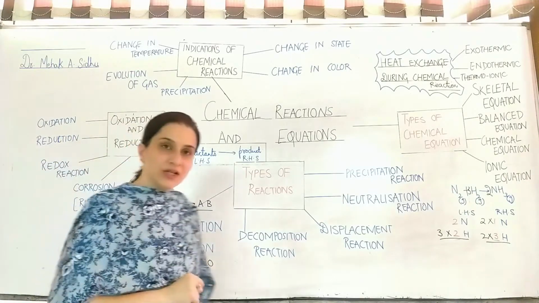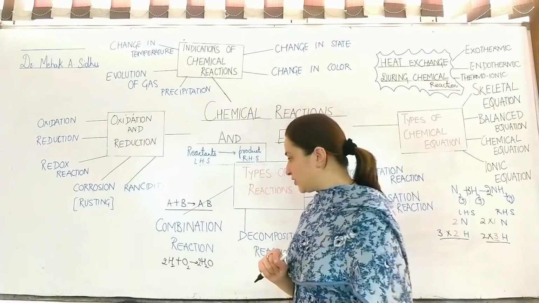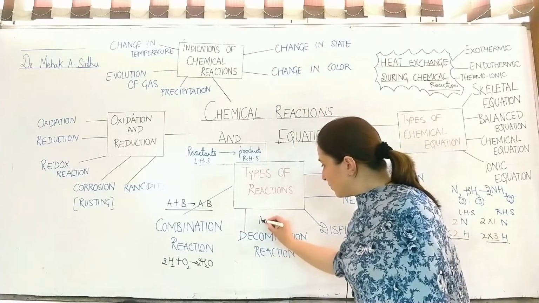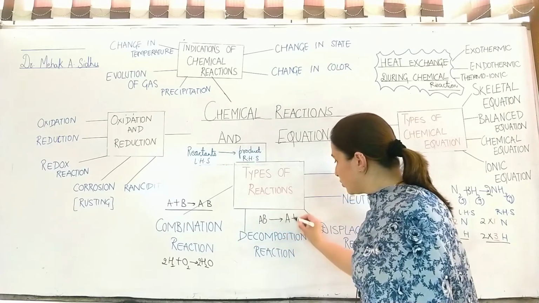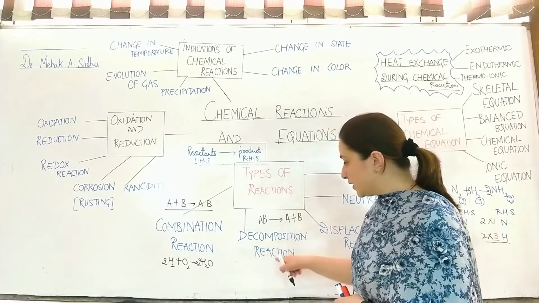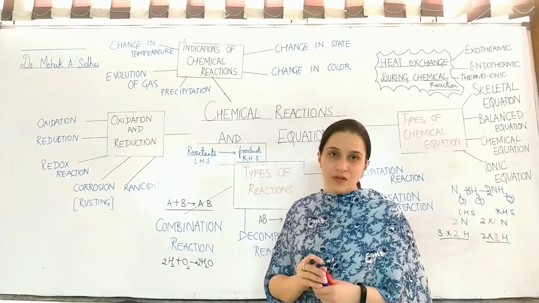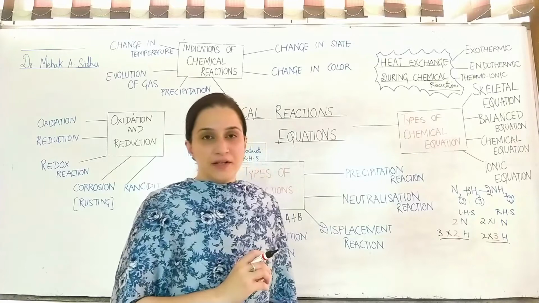Whereas decomposition is also known as the opposite of combination reaction. In this decomposition reaction, a single reactant breaks down to form two or more products. That is why decomposition reaction is also known as the opposite of combination. You need to learn all the reactions that are given in your NCERT.